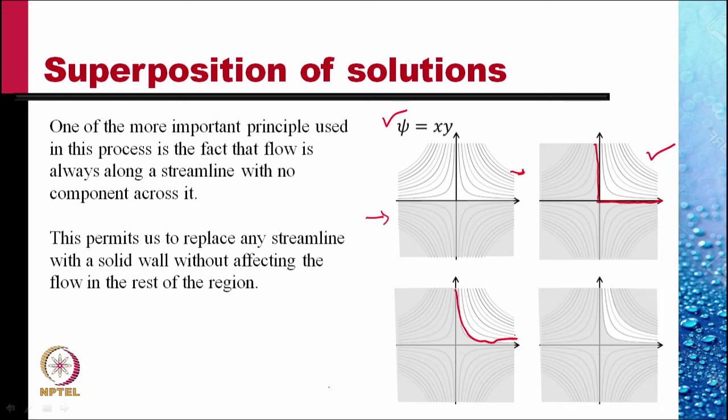And if we do this, the same stream function represents the flow over a body of this shape. In the last picture, we have replaced two streamlines with walls so that now psi is equal to xy represents the potential flow through this channel formed by these two walls.